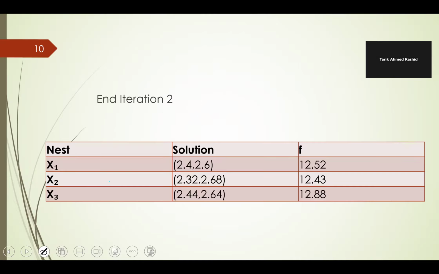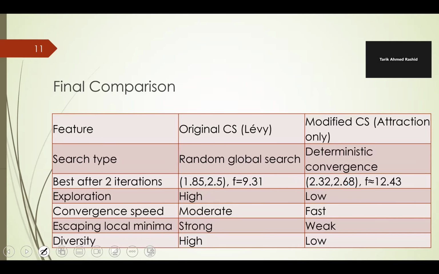Now we see the end of the iteration. That was the best solution that we had, but now it's no longer because this is less. So that's our best solution and we keep it. And you can see the fitness function has minimized the solution. So this is the best fitness that we have.